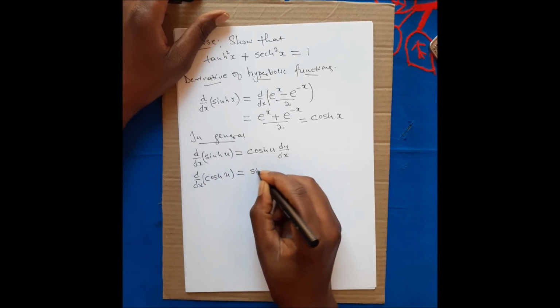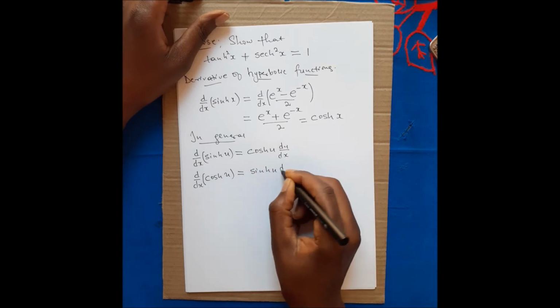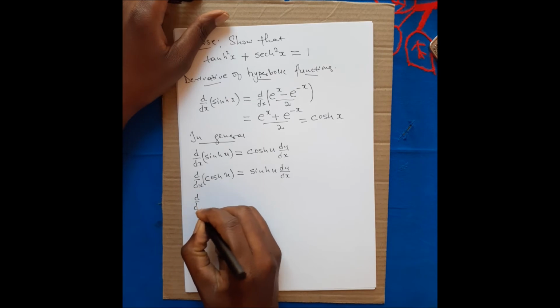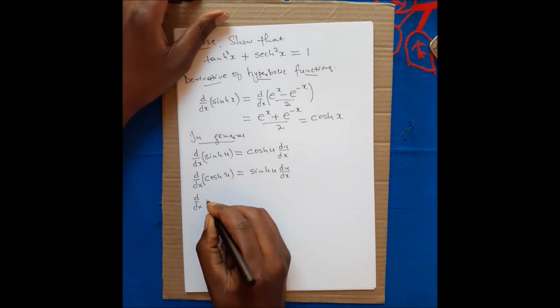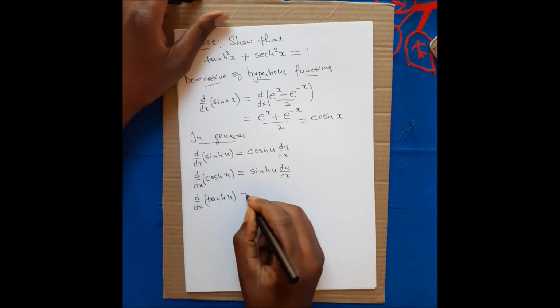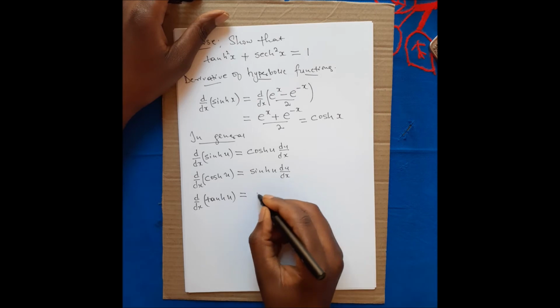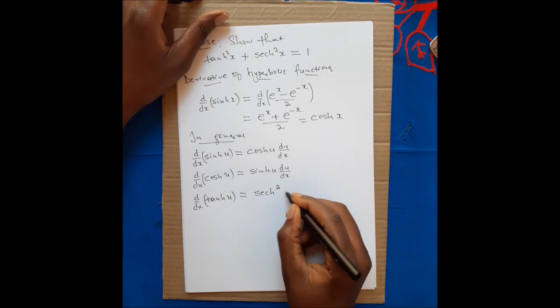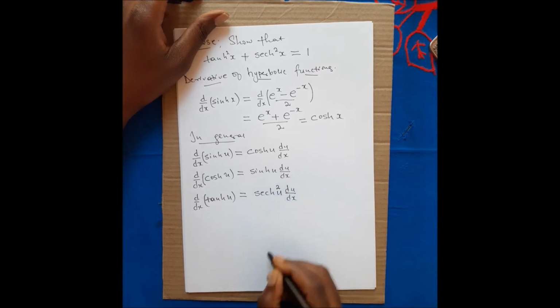This is sinh u du dx. Then the derivative of tanh of u is equal to sech squared of u du dx.